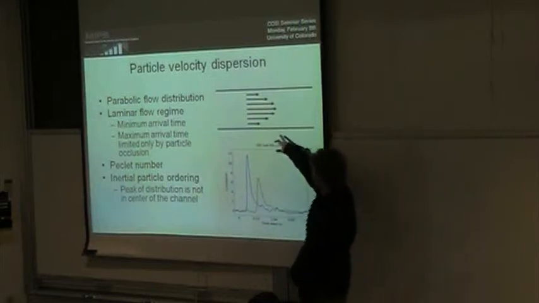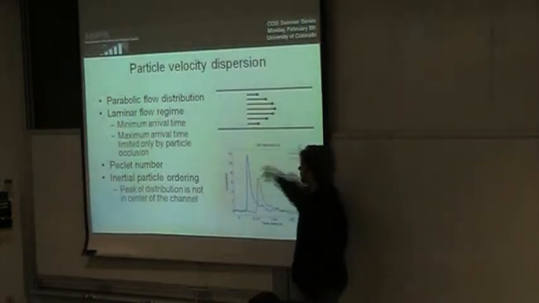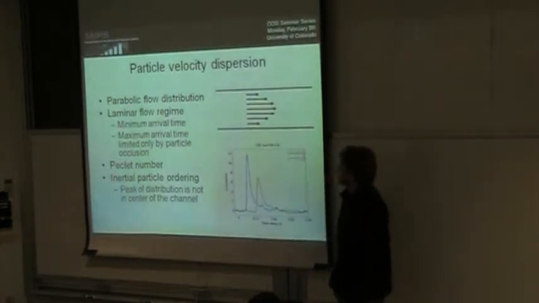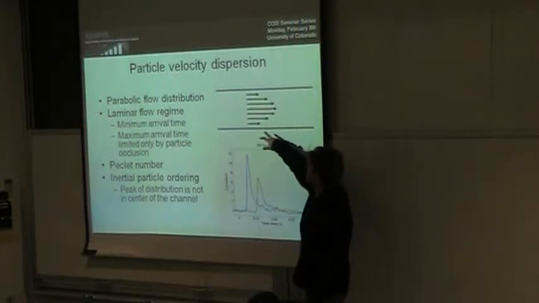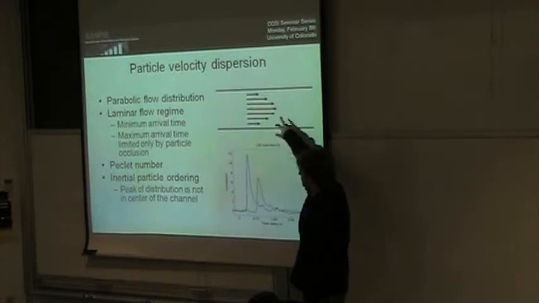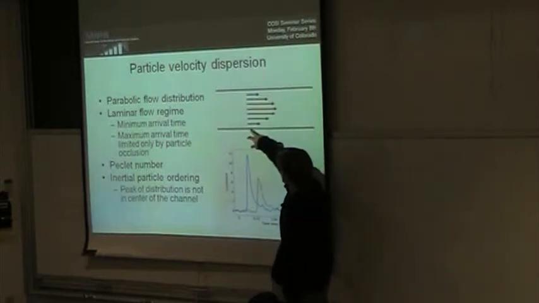So the fluid in a channel has a parabolic flow distribution. The beads in the channel have a more complex distribution. They can do a variety of different things. In the laminar flow regime, the beads have a similar distribution to the liquid itself.